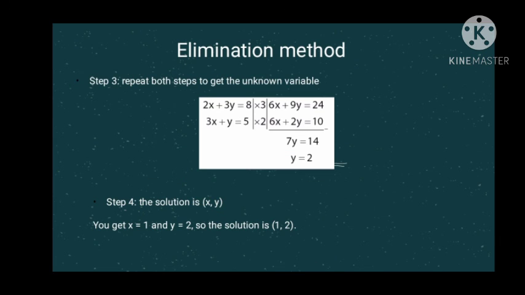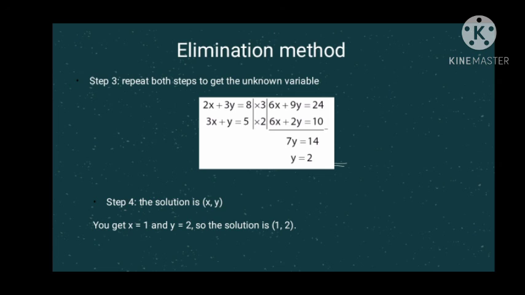Step 3: repeat both steps to get the other unknown variable. 2x plus 3y equals 8, we multiply by 3 and obtain 6x plus 9y equals 24.